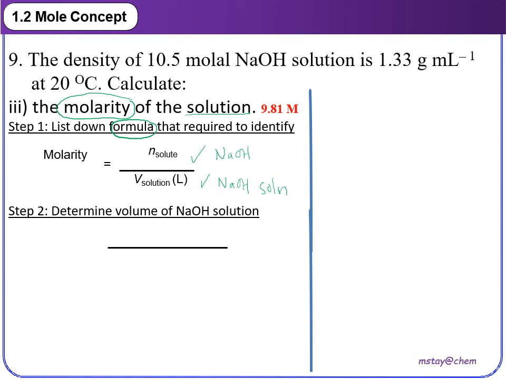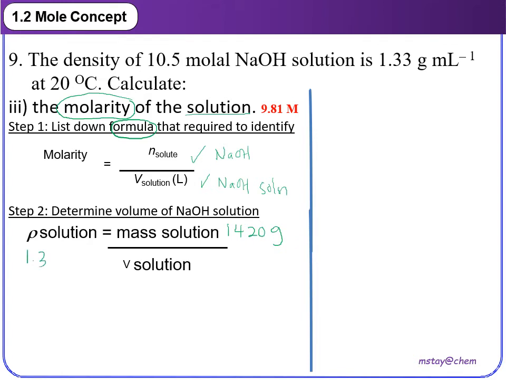Step number 2, we need to determine the volume of the solution based on the formula of density. The mass of solution was already identified in part 2, which is 1420 gram, while the density given in the question is 1.33 gram per ml.